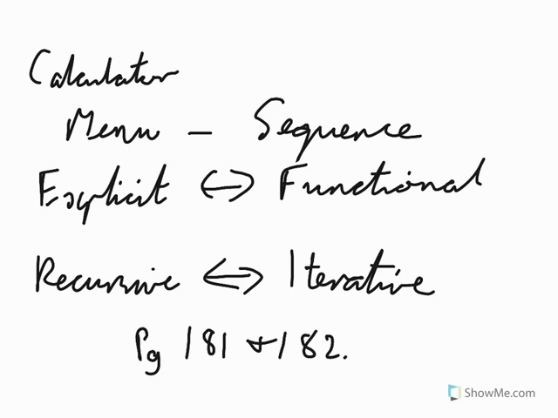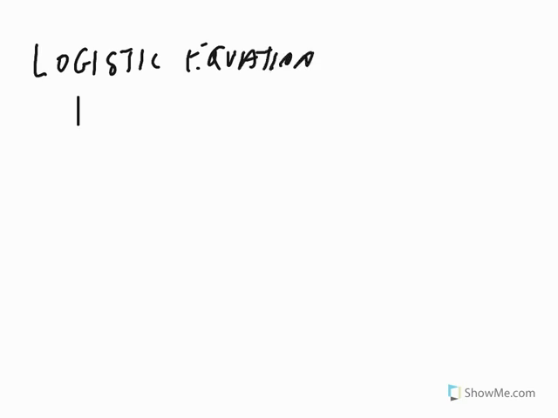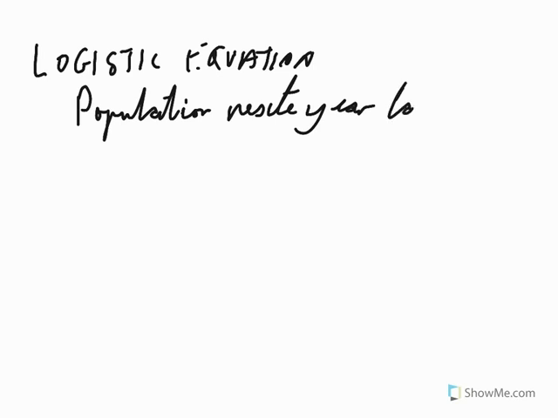Alright, last thing is what's known as the logistic equation. What the logistic equation does is it predicts population next year based on this year.